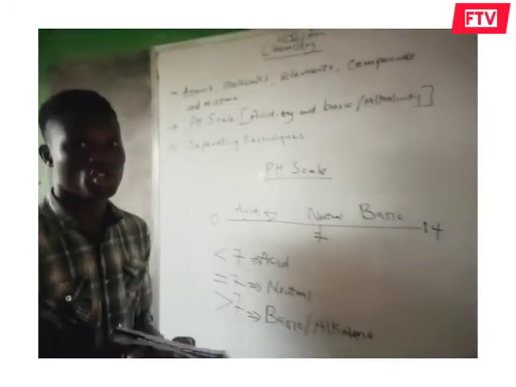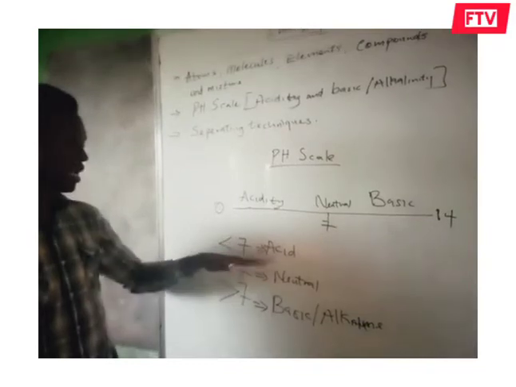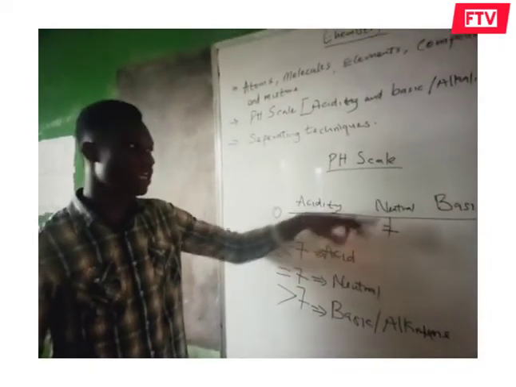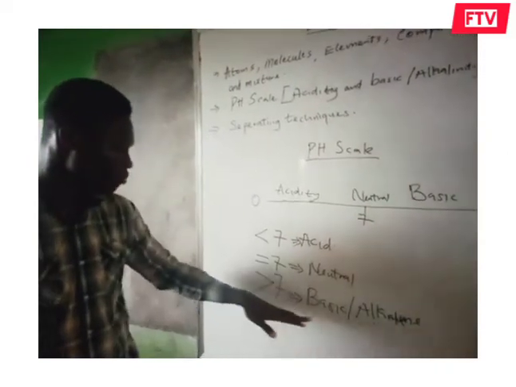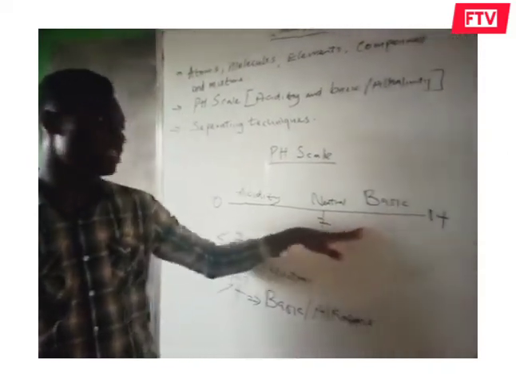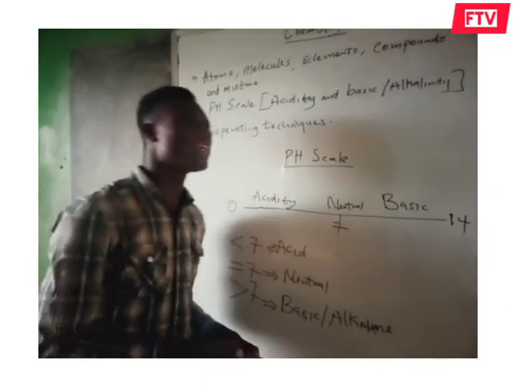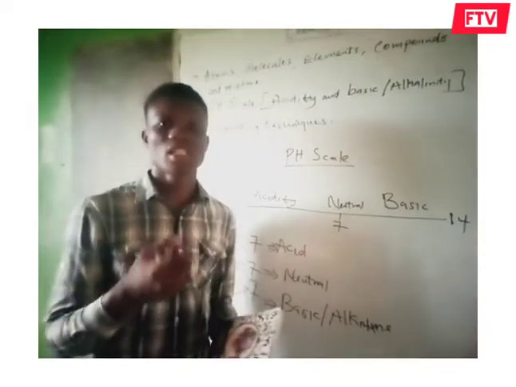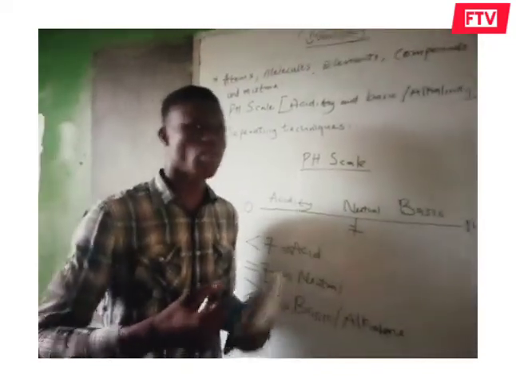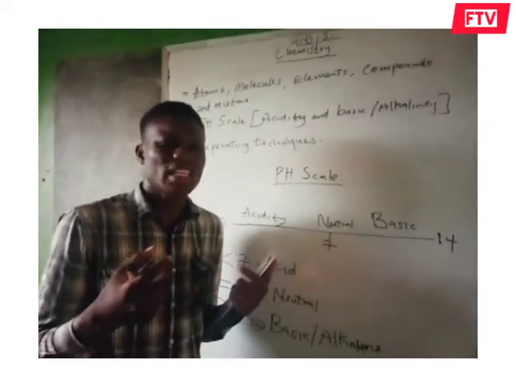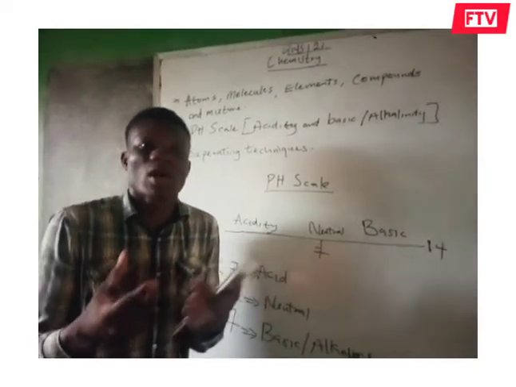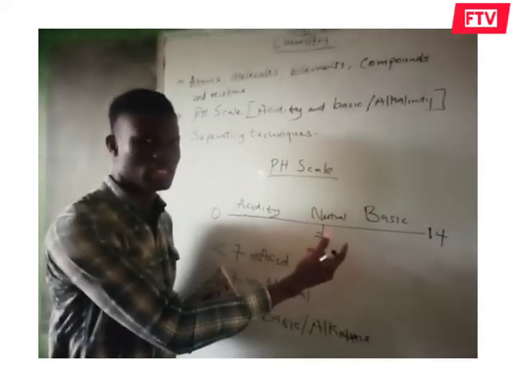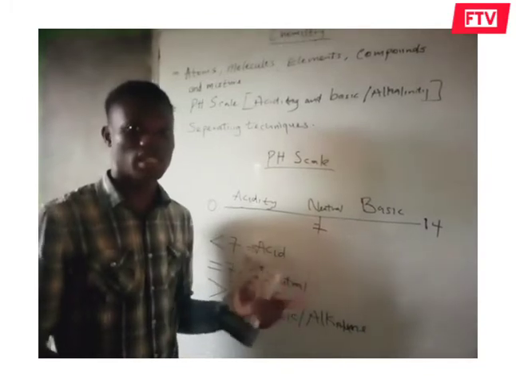That is that about this pH scale. So less than 7 is acid. When the pH scale is on 7, that is neutral, and basic is greater than 7. Sometimes when you taste a basic substance, it will be somehow sour, so it has a high content of base in it.